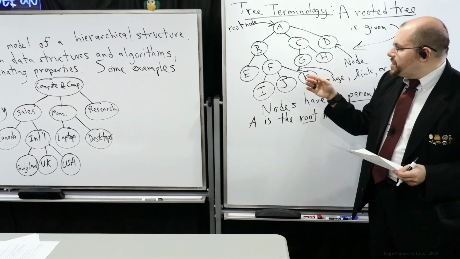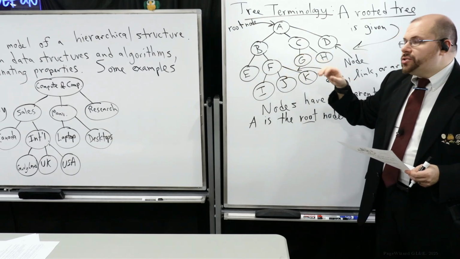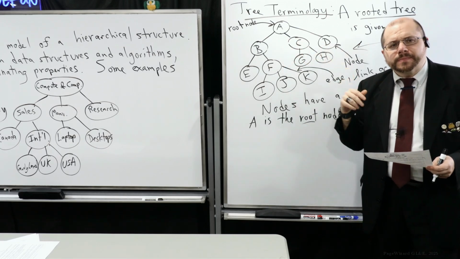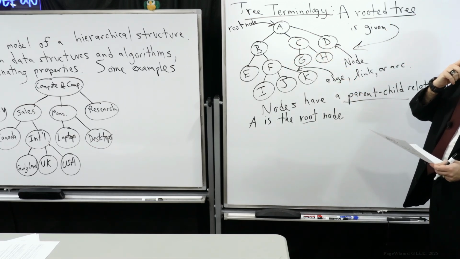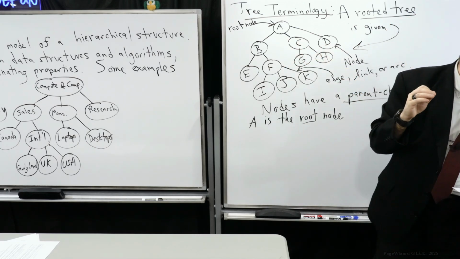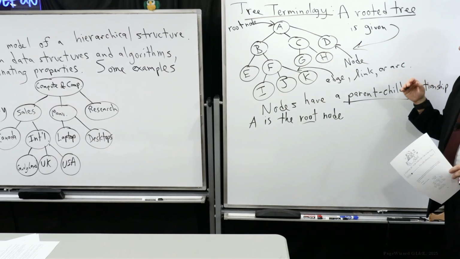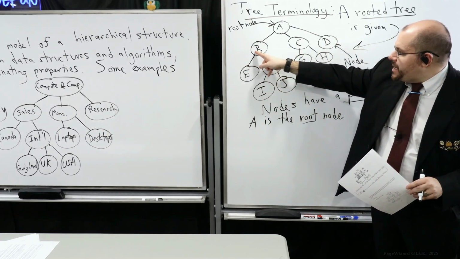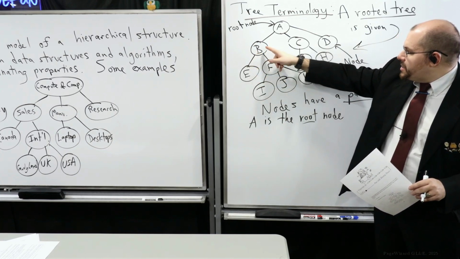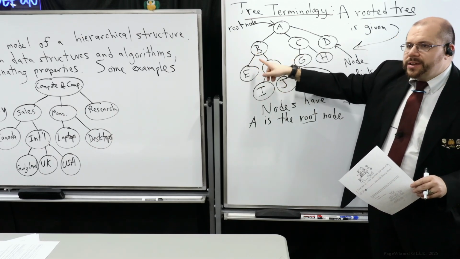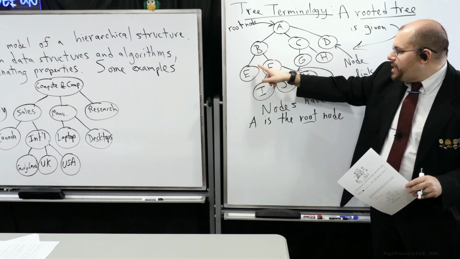Which nodes are the children of B? Well, there's an edge that goes from B to E, and there's an edge that goes from B to F. So that means that the children of B are E and F.